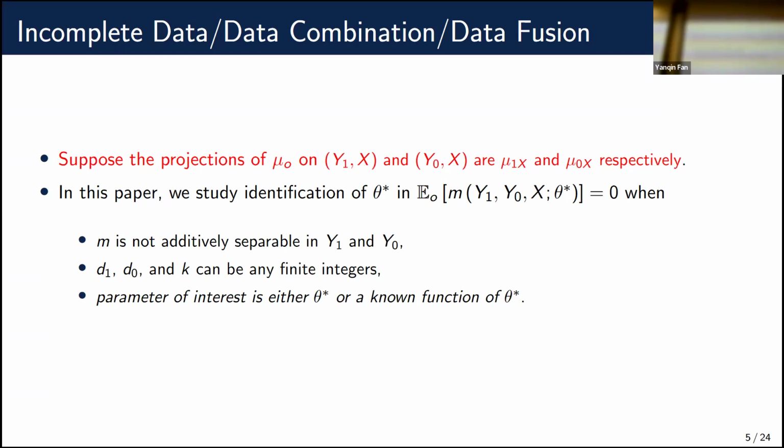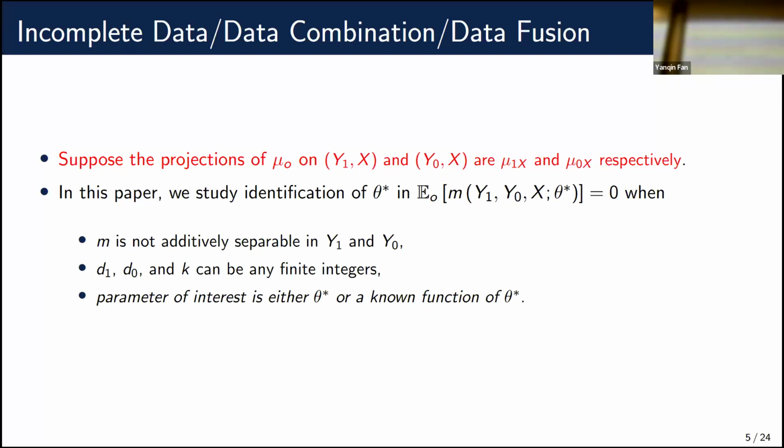So we want to make use of the identified bivariate marginals to say something about the parameter of interest theta star, which is potentially dependent on the joint measure.